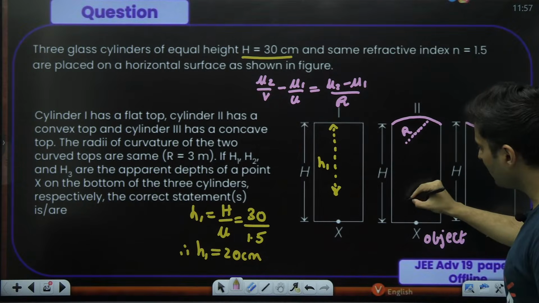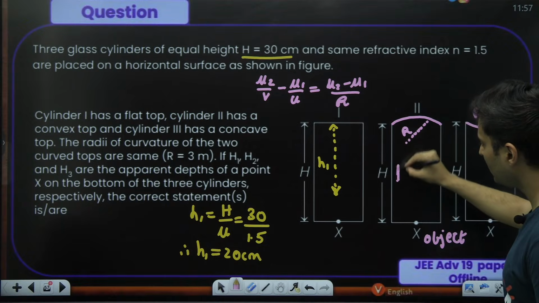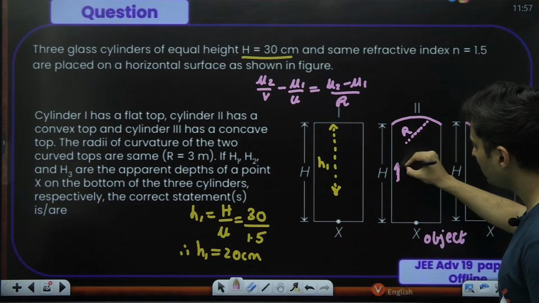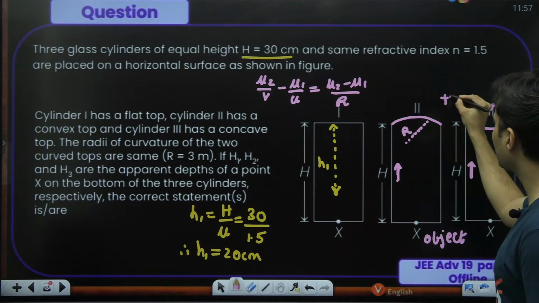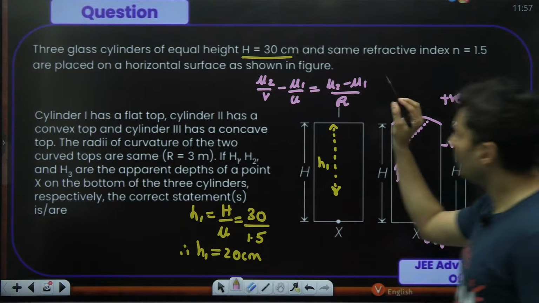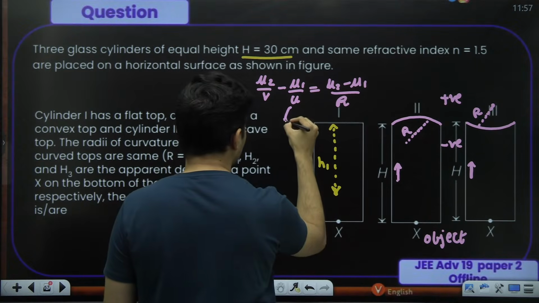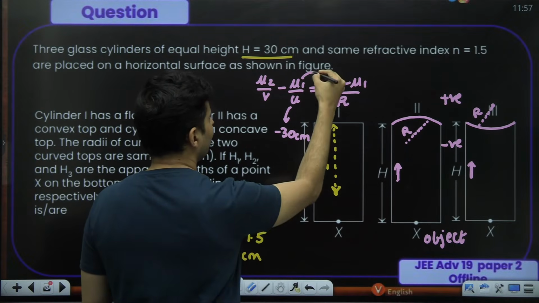See, X is the object, so light is going from here to here. This will be the positive side, and this will be the negative side. In both the cases, the object distance will be negative 30 centimeters.